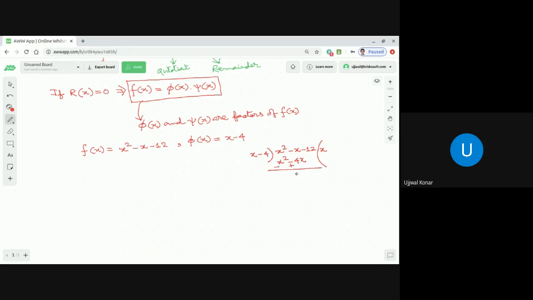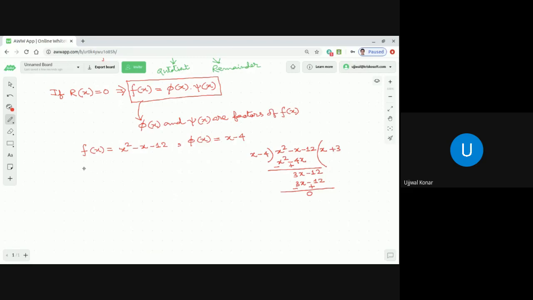So plus 4x minus x becomes 3x, and minus 12. So we multiply by 3, so the quotient becomes 3. Then we multiply here 3x minus 12. Then the sign becomes minus, and finally you get the remainder as 0. So we get x plus 3 as the quotient and the remainder is 0.